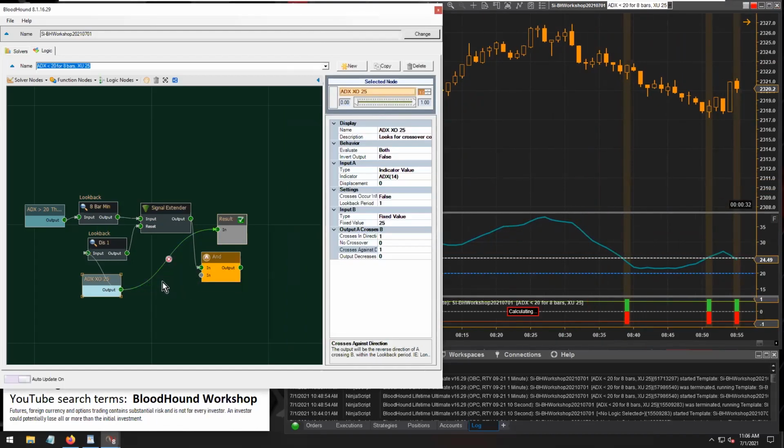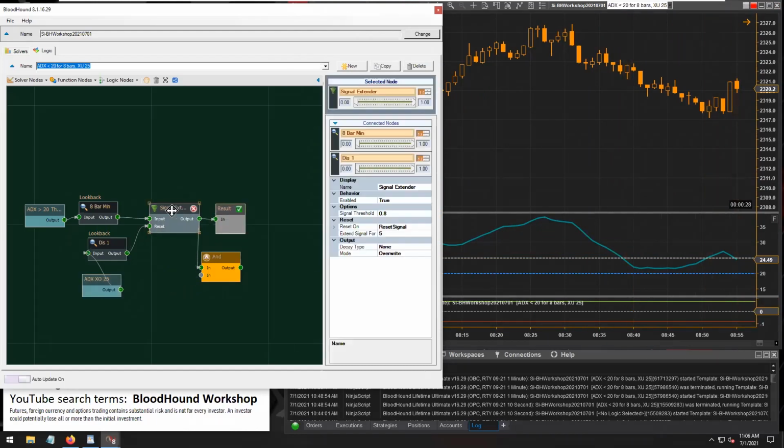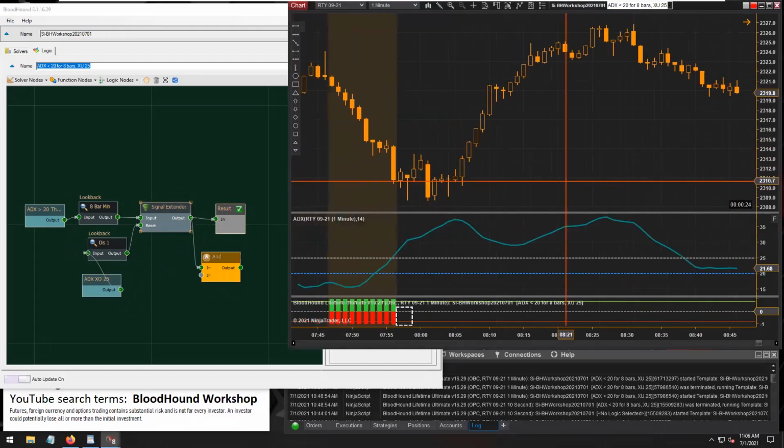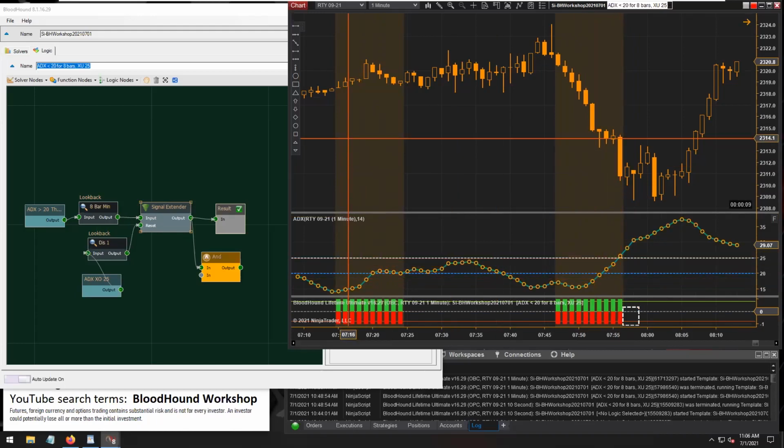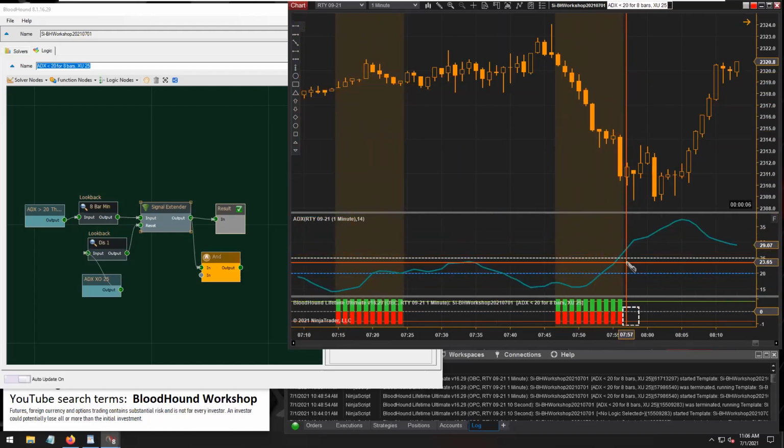So now if we look at our signal extender here, where I had marked those 2 extra short outputs, those are now gone. So there we have it. As soon as our ADX crossed above 25 there, there's our little cross up, the signal extender turned off, and we cleaned up the shorts there.